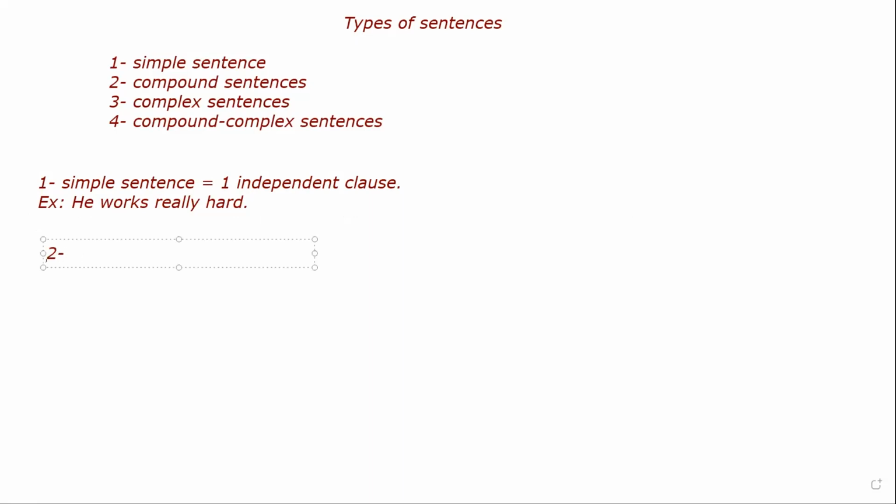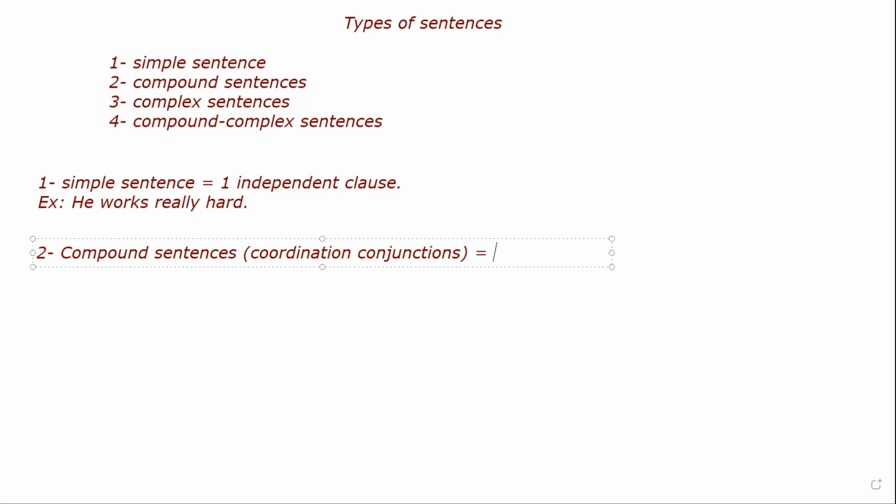Number two, compound sentences. We know them, and we use coordinating conjunctions as we just discussed them to link them. What do you think they're going to be? Coordinating conjunctions link what? Two independent clauses.